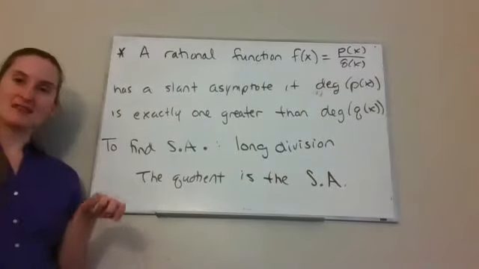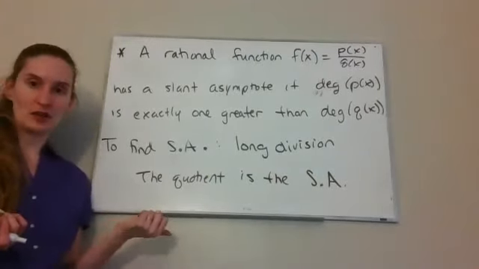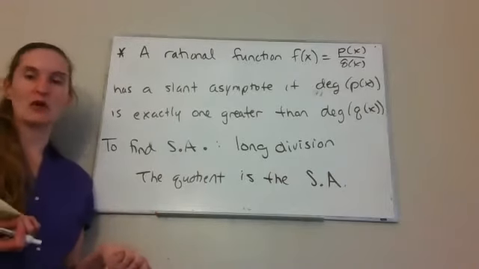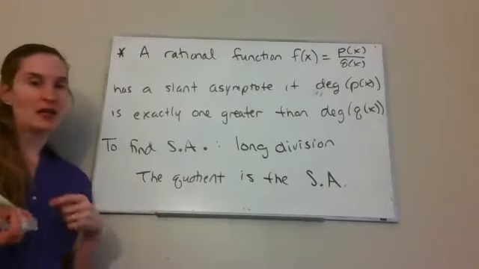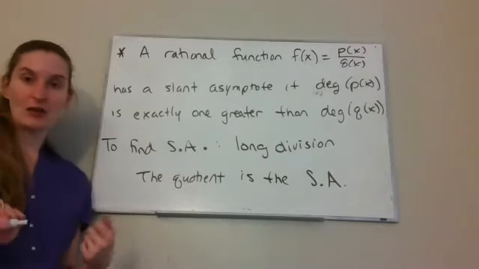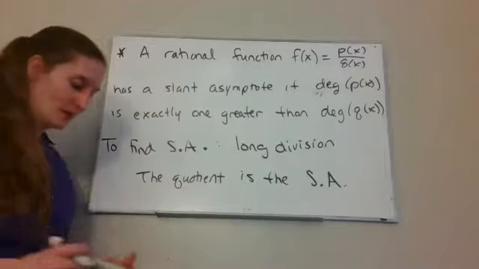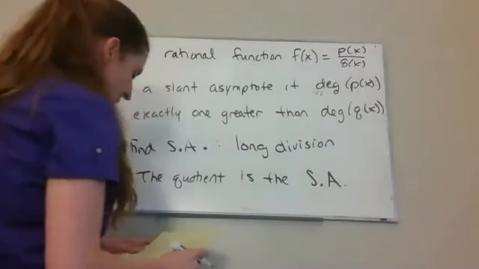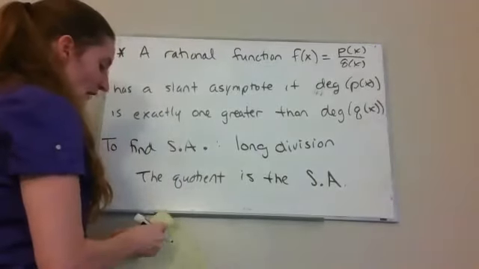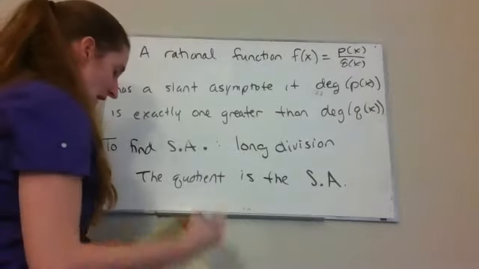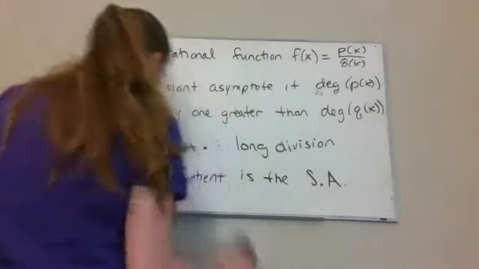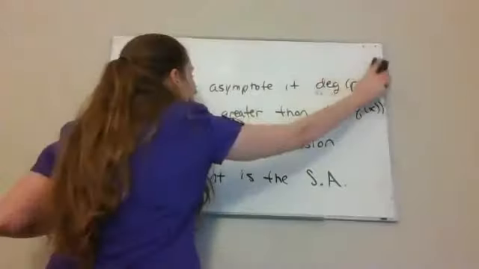So you only have to check for a slant asymptote if the degree of the top is exactly 1 bigger than the degree of the bottom. Any other situation, you're not going to have a slant asymptote, so you should not bother trying to find it. Let's do an example where we have to find vertical asymptotes, horizontal asymptotes, and slant asymptotes, just to get all of our practice in.